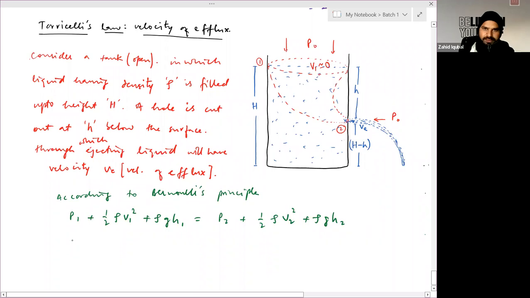Now P1 is exposed to atmosphere, so it will be P0. V1 is almost 0, so it will be 0. Rho g H1 is rho g capital H. P2 is equal to P0, atmospheric pressure. Half rho V2 square is half rho VE square, the velocity of the ejecting liquid, and rho g H2 is rho g (H minus h). So on expanding, you will get this expression.